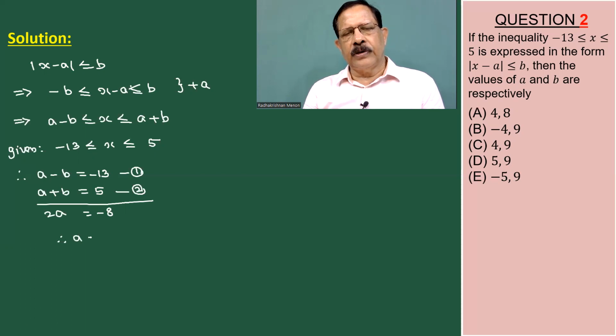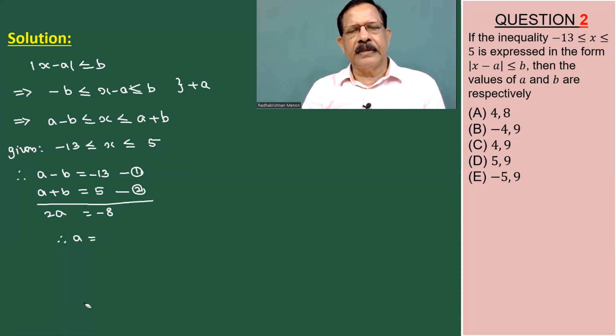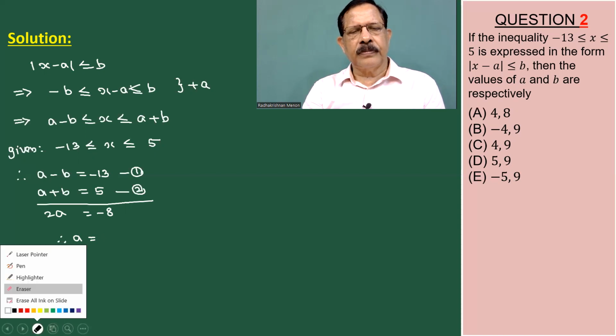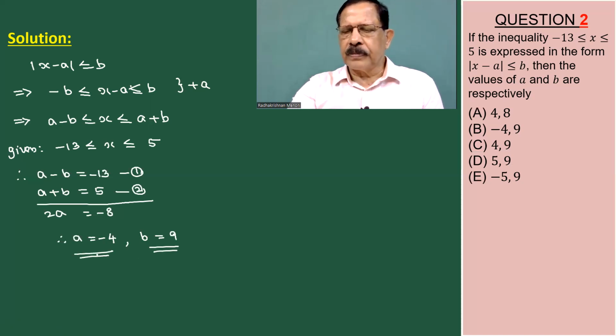Therefore, a is equal to minus 8 by 2, which is minus 4. So, when you put a is equal to minus 4, you will be getting b is equal to 5 plus 4, which is 9. So a is equal to minus 4 and b is equal to 9. So option B.